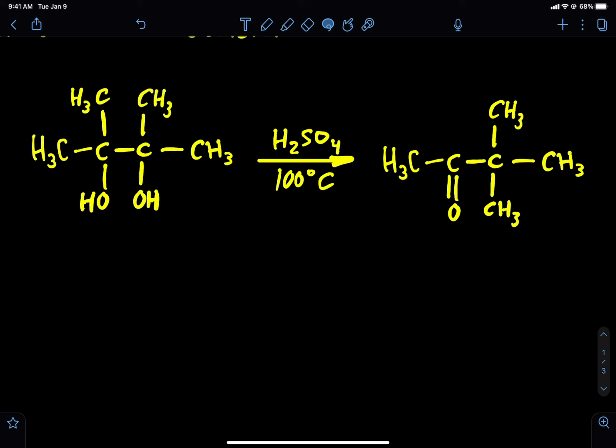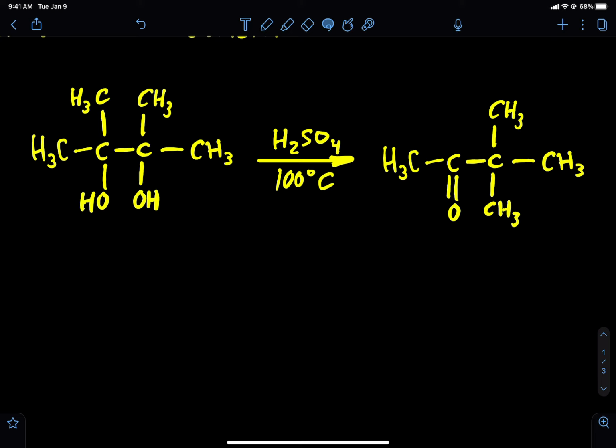But first, now that we've seen what the overall transformation looks like, let's walk through the mechanism and try to understand how and why this happens. What I hope to show you is that it's a very instructive reaction where you can learn a lot about mechanisms in general.